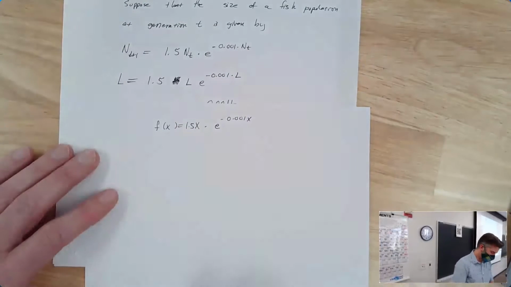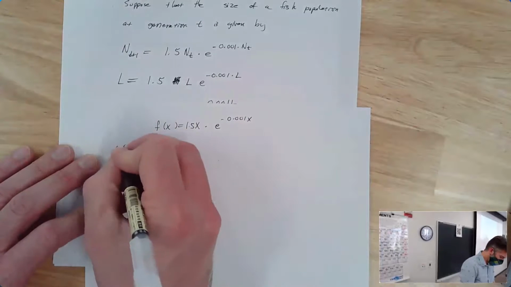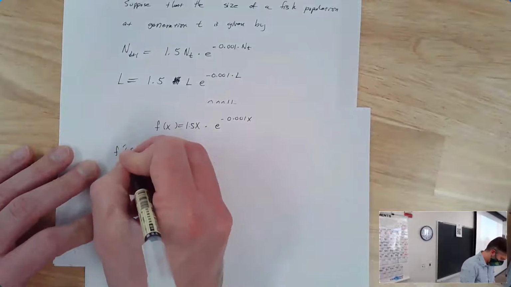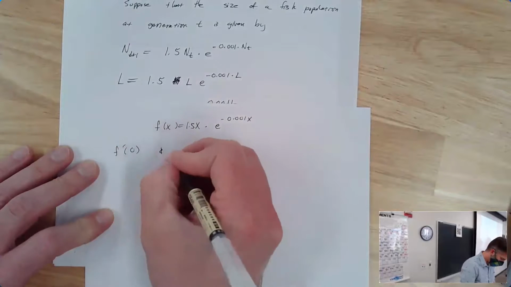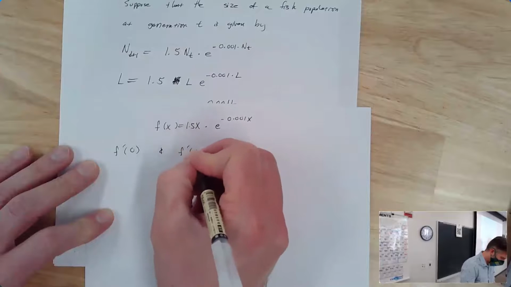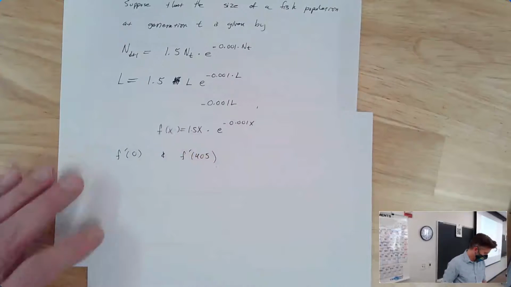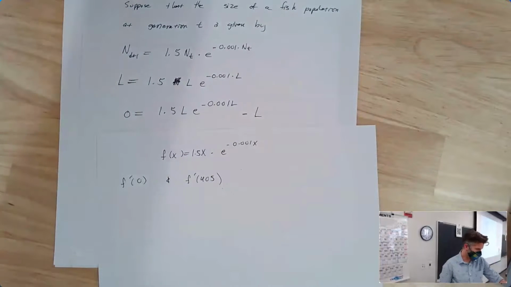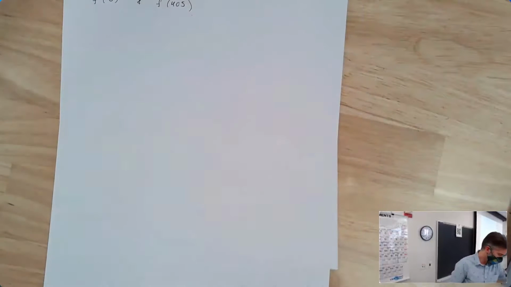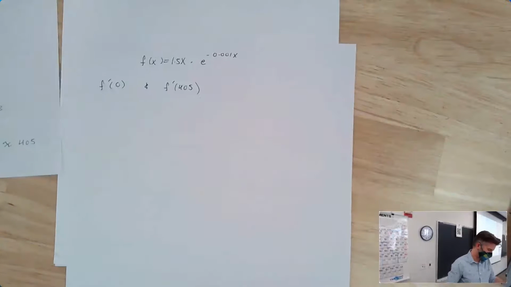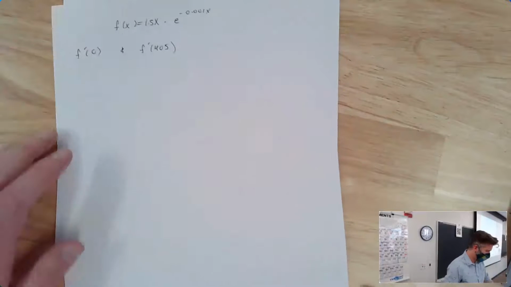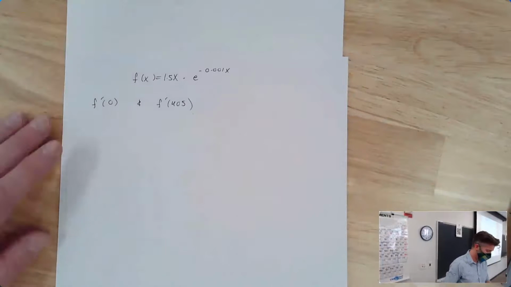And then we're going to figure out what's going on with f prime of 0 and approximately f prime of 405. All right, so let's do it. I need my function to find my derivative. That's right there. So to find the derivative here, we're going to need to use the product rule.